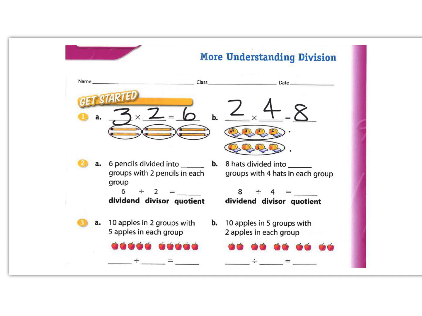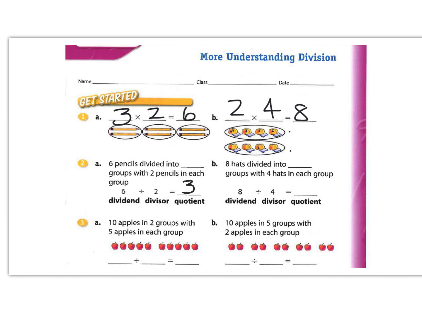Number 2 says 6 pencils divided into how many groups with 2 pencils in each group. So 6 is the dividend, 2 is the divisor, and the answer, or the quotient, is 3.